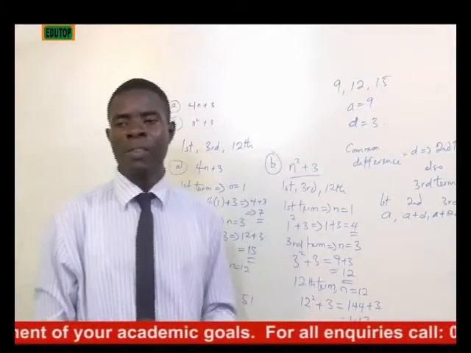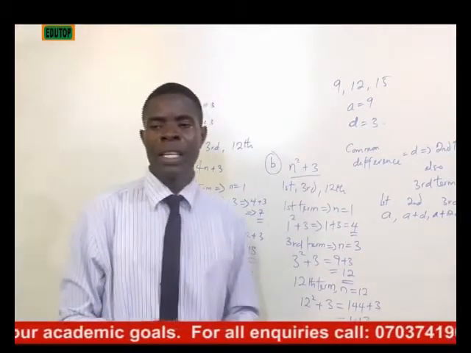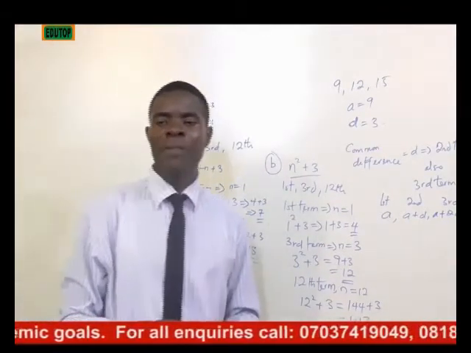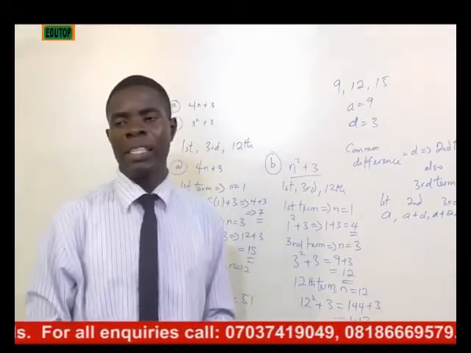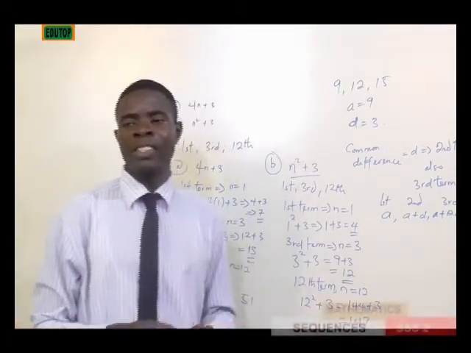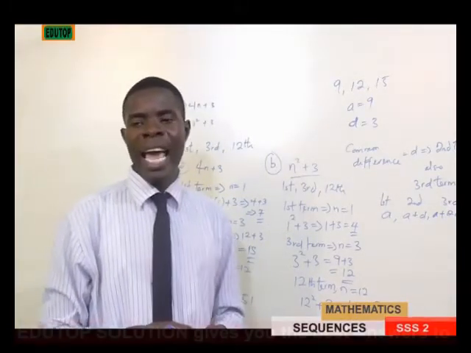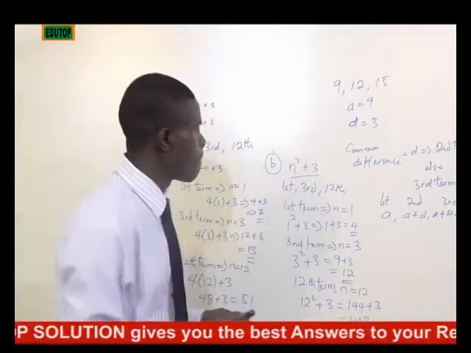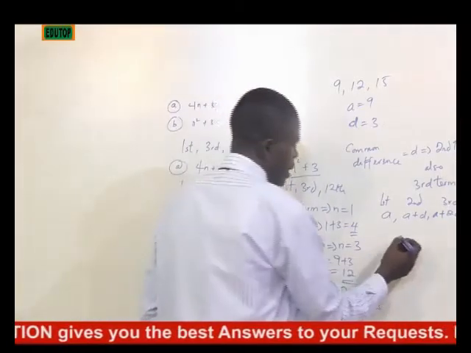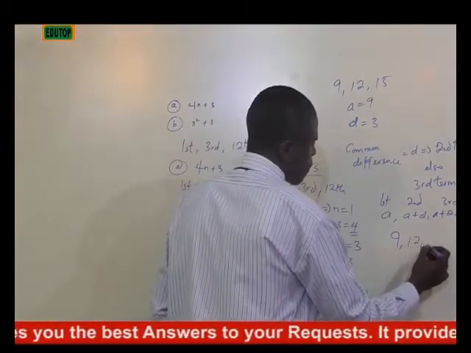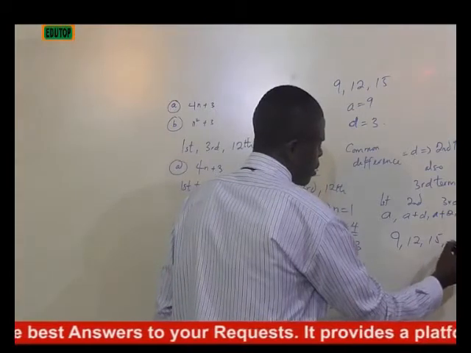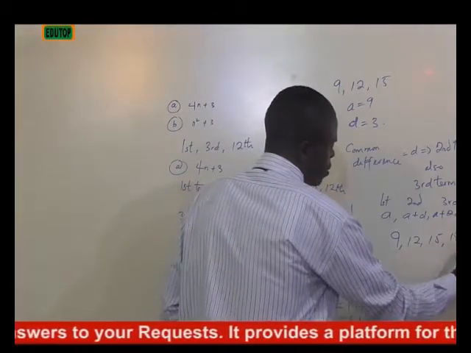Example 1. Given the AP 9, 12, 15, 18, dash dash dash. Find its 8th, 99th and nth term. You are given an AP 9, 12, 15, 18, dash, dash, dash.